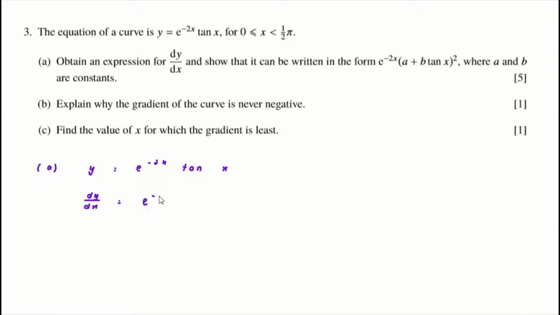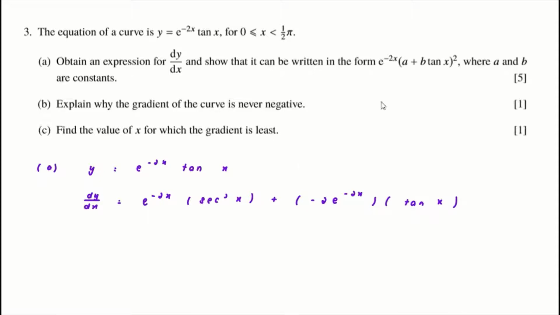So u, and v prime, we have sec squared x. Then plus u prime, so we have negative 2e to the negative 2x, and then tangent x. So that's basically the differentiation part.